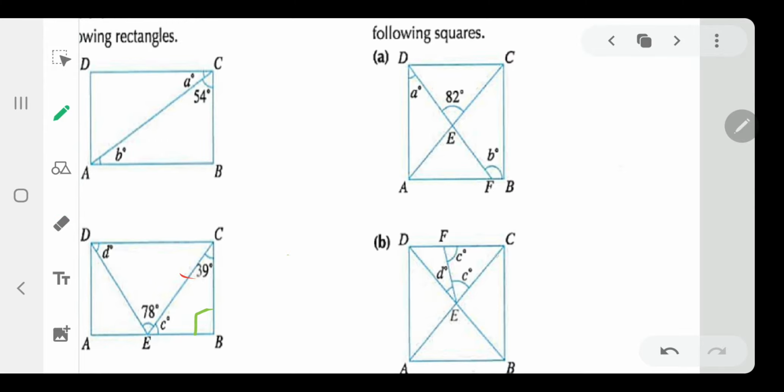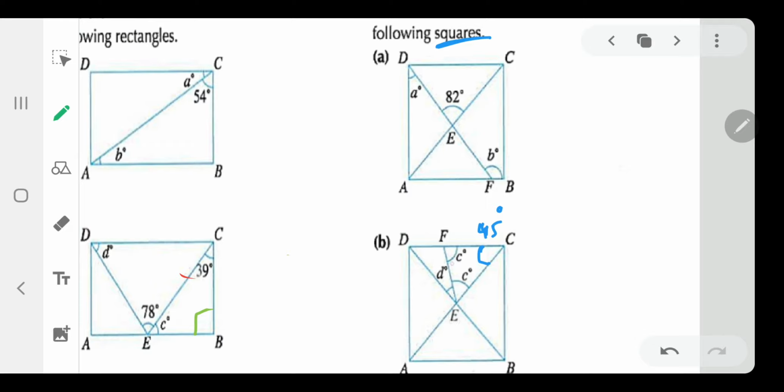We know that this is a square, as it is mentioned that these are all squares. So this angle is 90 degrees. Since the diagonal bisects the angle, this angle must be 45 degrees, right? This angle is 45 degrees.